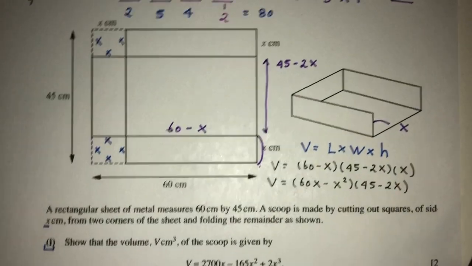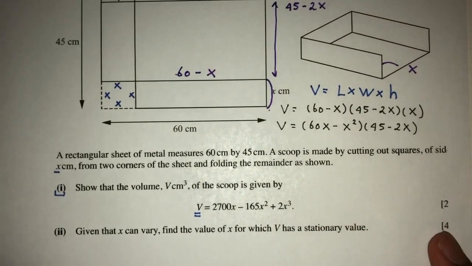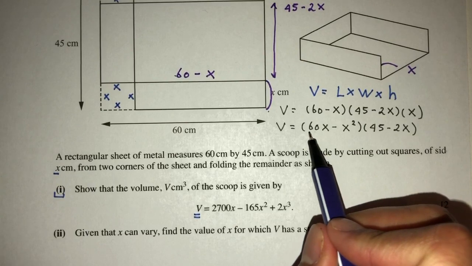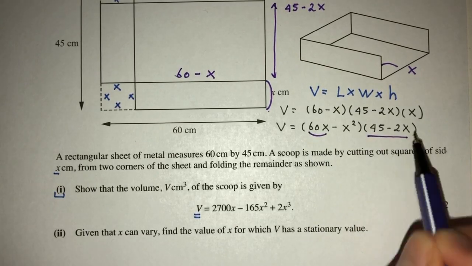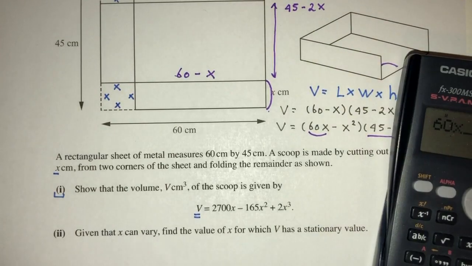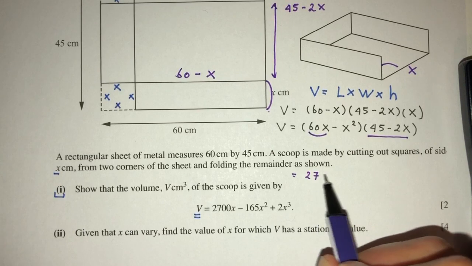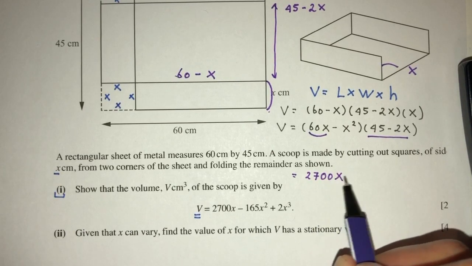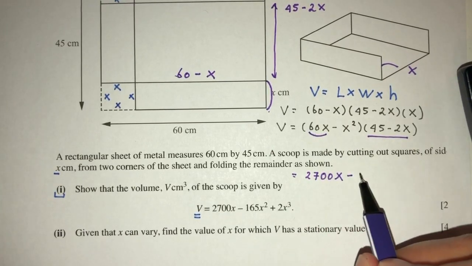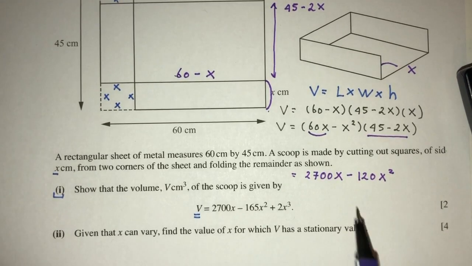Now let's expand, because we have to show this is equal to this. One by one, let's take the first one and multiply by this. 60x times 45 will be 2700x, and 60x times minus 2x is minus 120x squared.